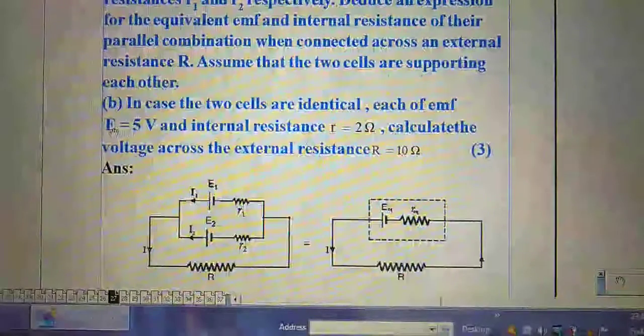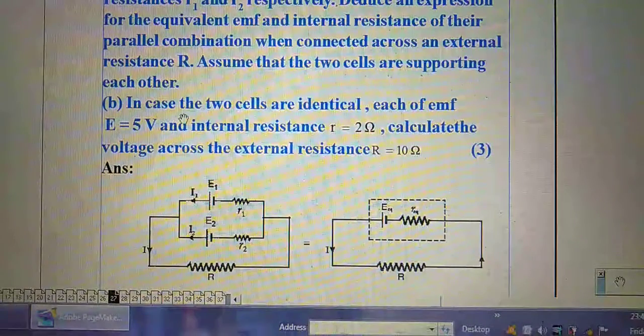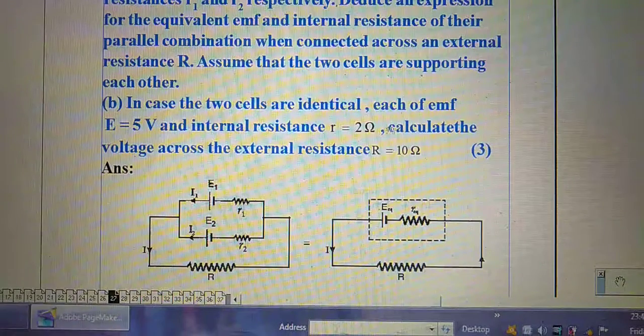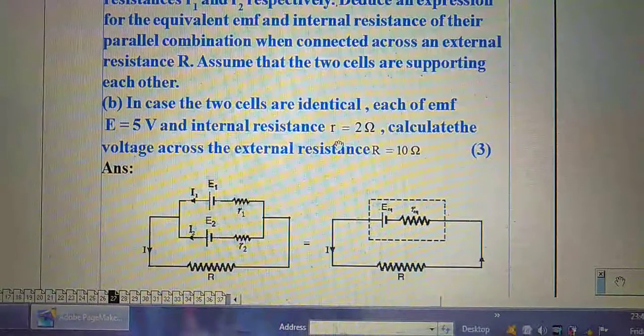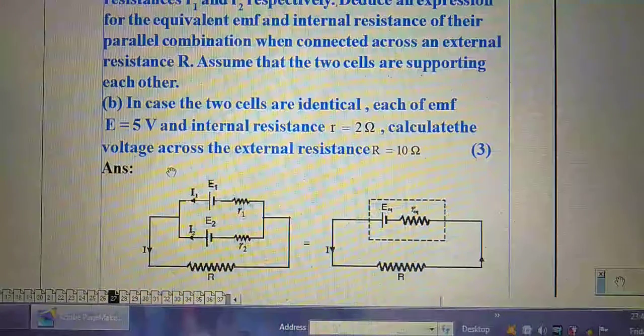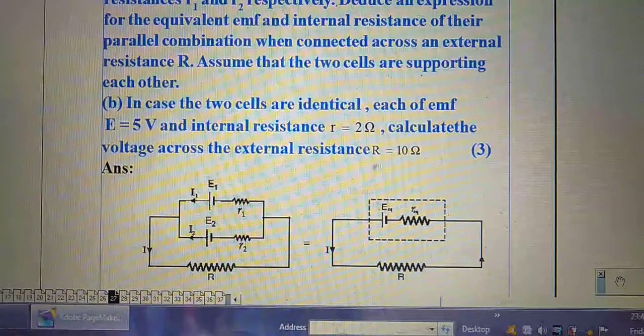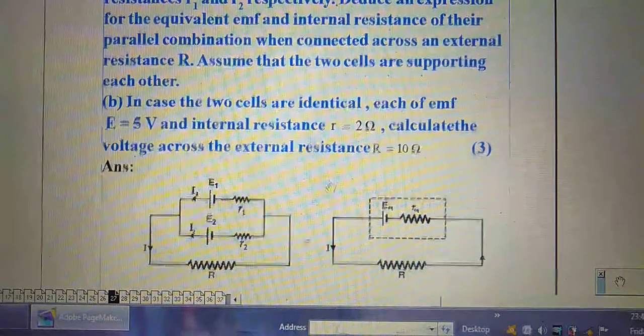Part B. In case the two cells are identical, each of EMF E equal to 5 volt and internal resistance r equal to 2 ohm, calculate the voltage across the external resistance R equal to 10 ohm. So these are the questions.